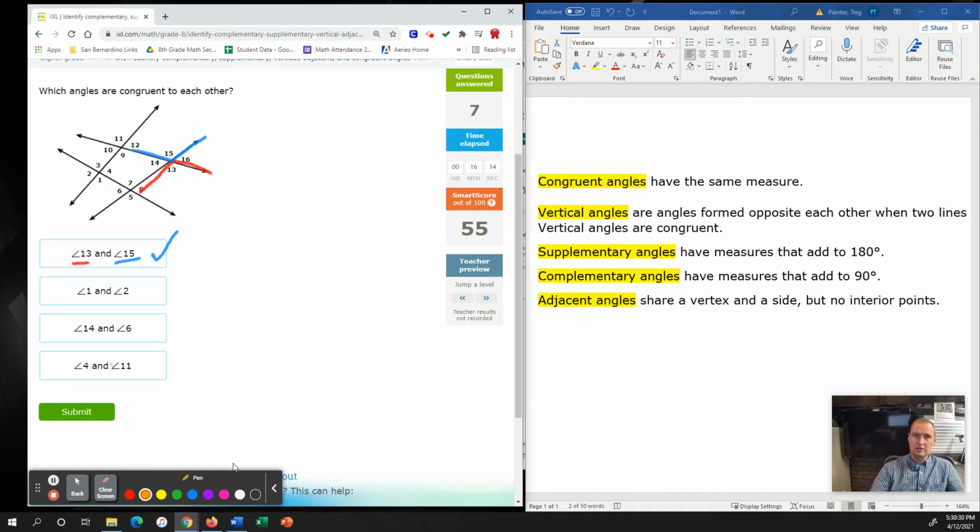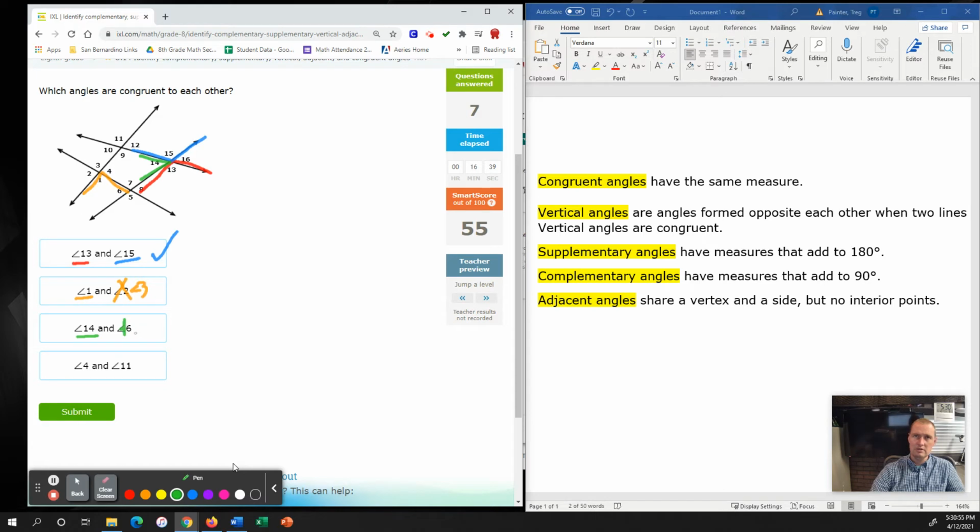Let's just keep going with different colors here. What about angle 1? Angle 1 has to be congruent with 3. Because that 2 doesn't match the 3, that one's not right. Angle 14 has to be congruent to angle 16, which is directly across. They try to be sneaky. They forgot the 1.